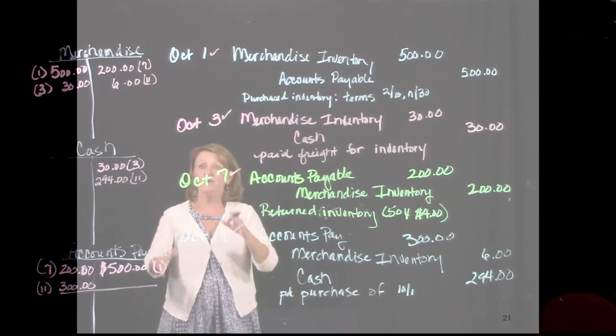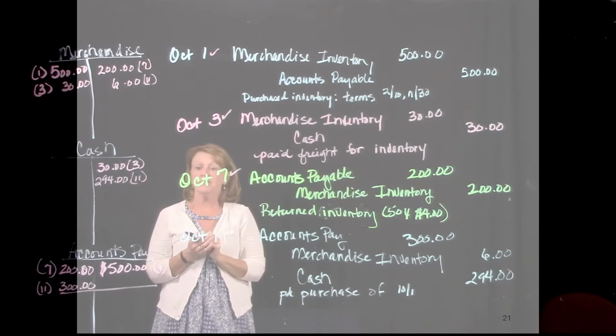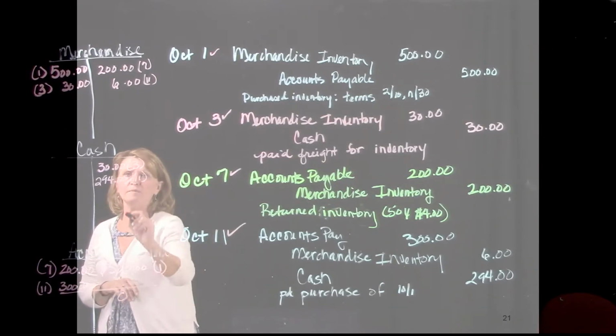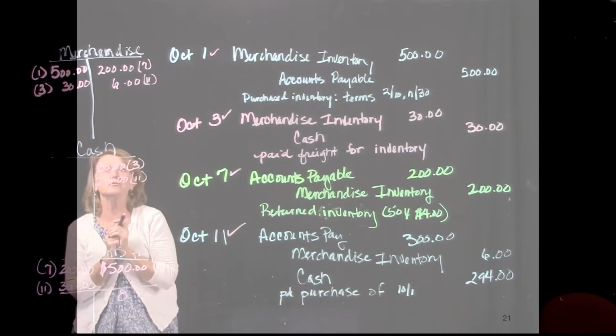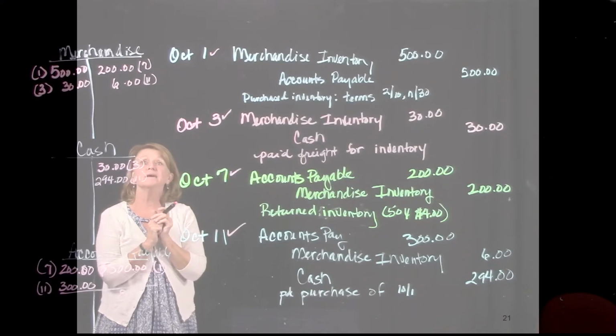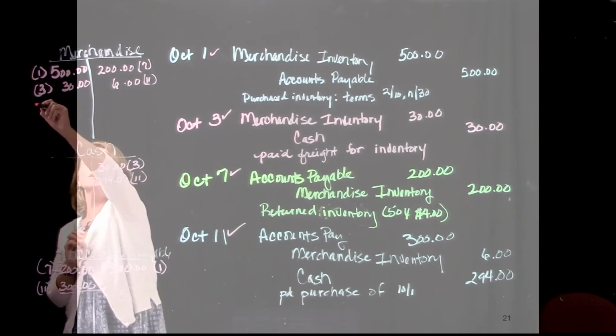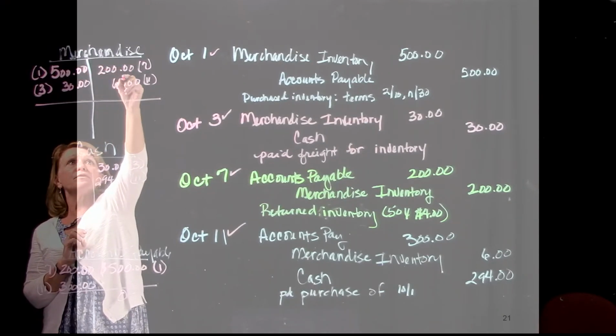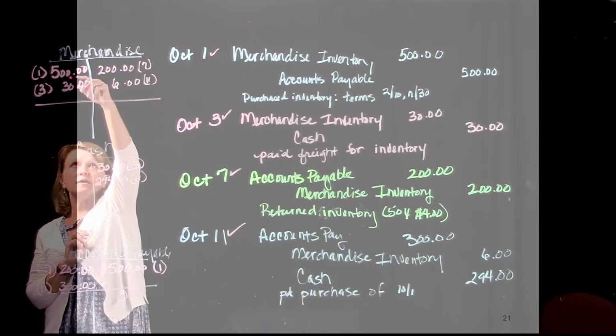So that is how it looks in your journal entry. Now we have a zero balance in our accounts payable. We have reduced our cash account by $324, and our merchandise is now worth $530.